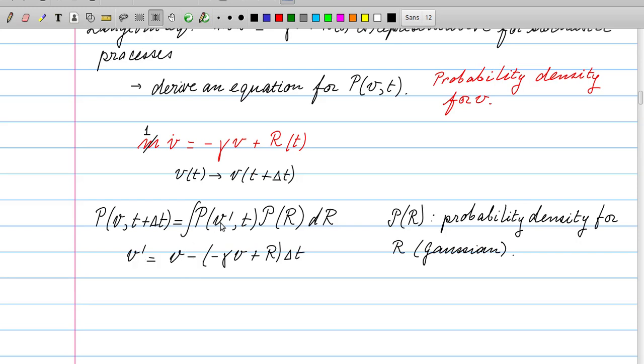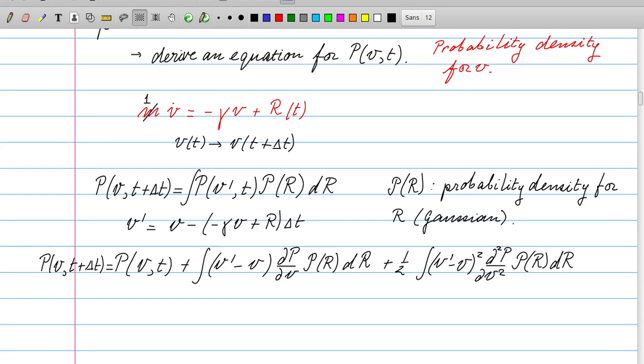So this v primed is close to v, and therefore it is obvious that Taylor expansion is the way to go now. Here I've Taylor expanded p in the integral as a function of v primed around the value where v primed is v. The first term gives me an integral of p of v, because that's a zeroth order Taylor expansion.